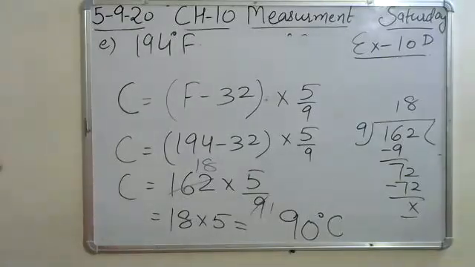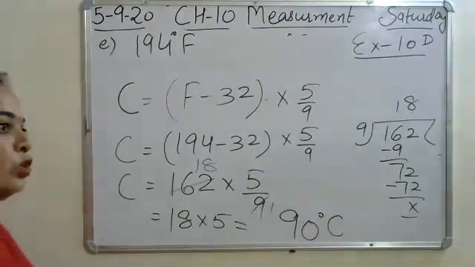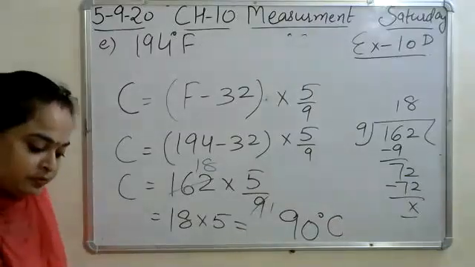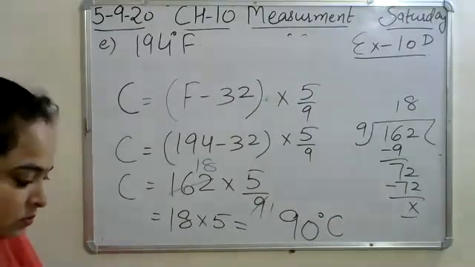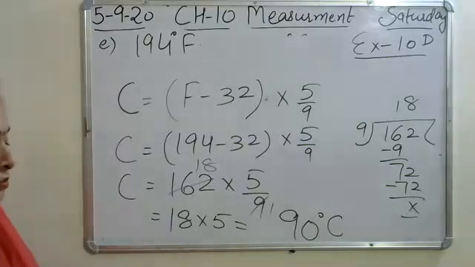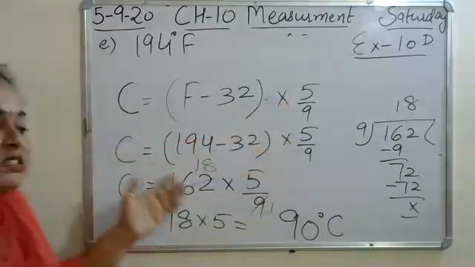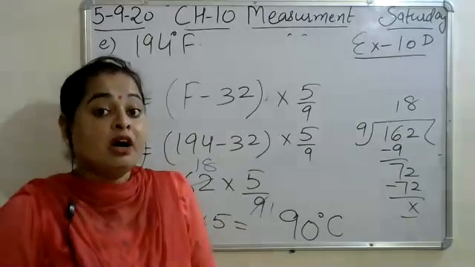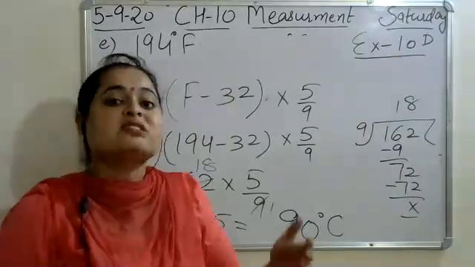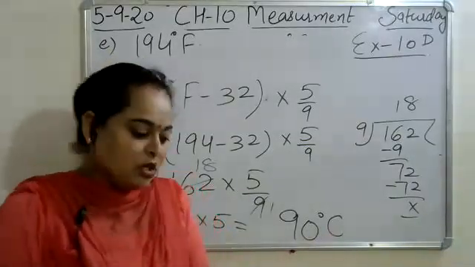Yes, Myra, definitely I will post on the YouTube channel. So note down. Fahrenheit minus 32 multiplied by 5 by 9. So this is the way to solve the sum, to convert Fahrenheit to Celsius. So note down.